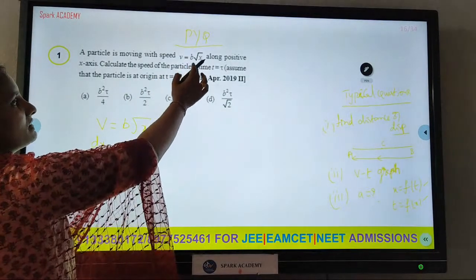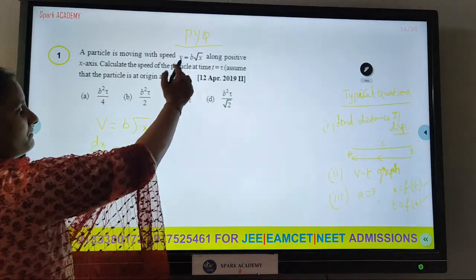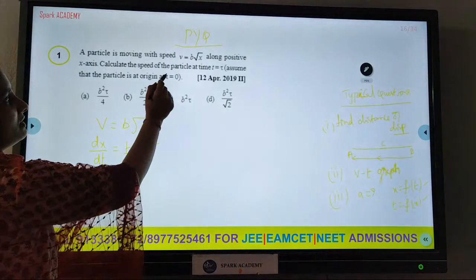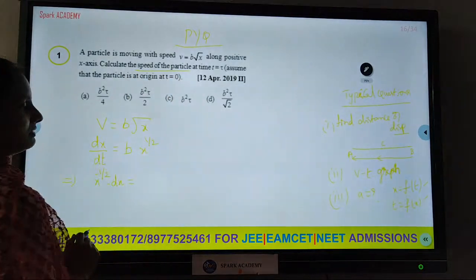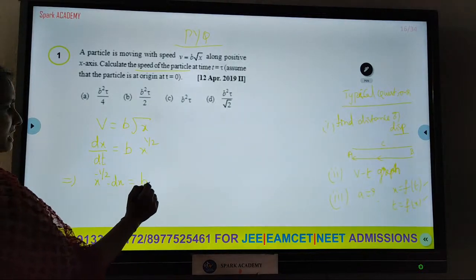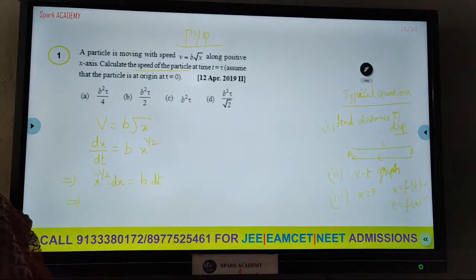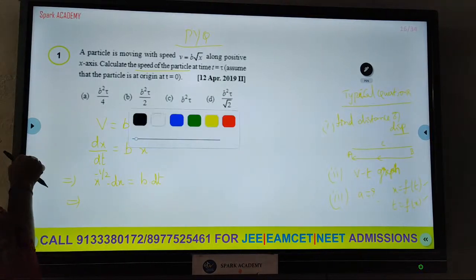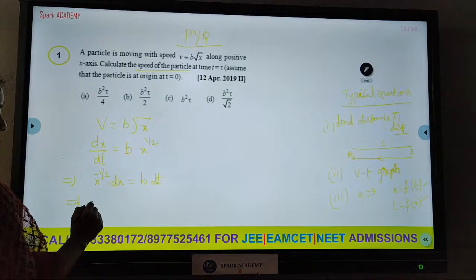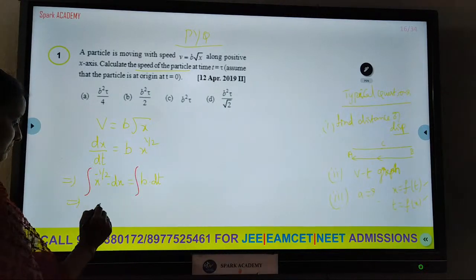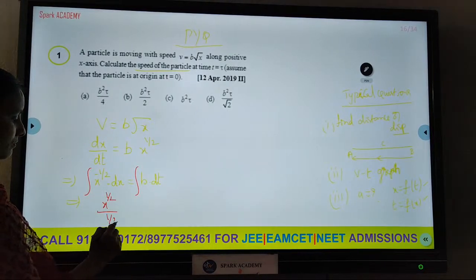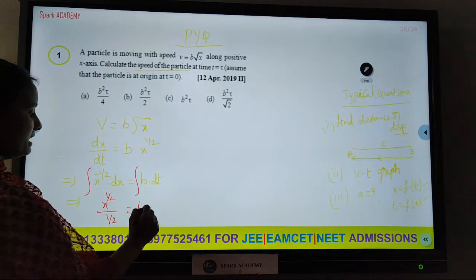So when velocity is given as a function of displacement, first we find the displacement by integrating; after that, if you differentiate, you can find the speed of the particle. Integrating on both sides, we get the integral of x power minus 1 by 2 dx is x power 1 by 2 by 1 by 2, equal to b t.